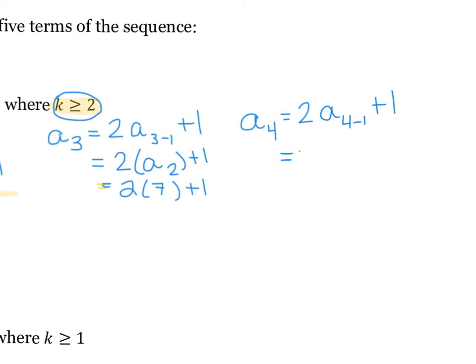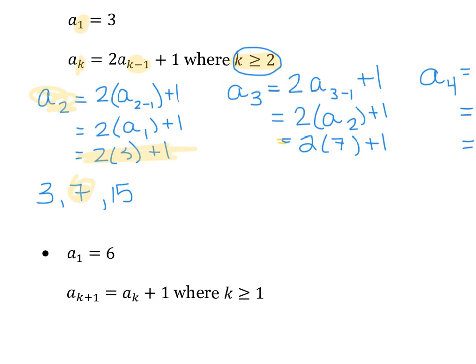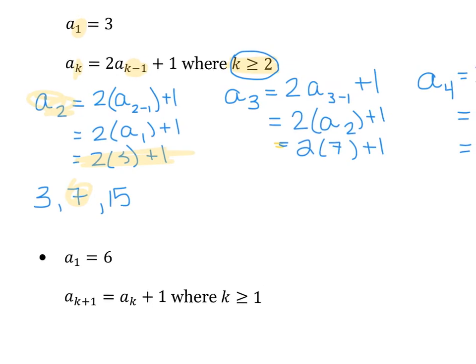All right. So I need 2 times the third term plus 1. And the third term we figured out was 15. So that means that the fourth term in this sequence is 2 times 15 plus 1, which is equal to 31. And this sequence can keep going. We aren't given any restrictions on it.